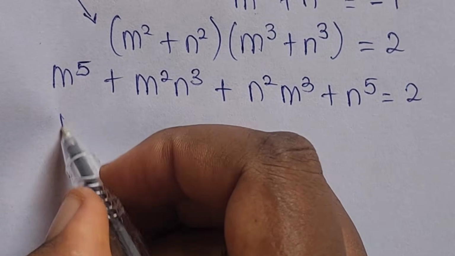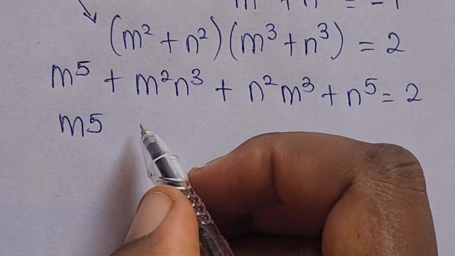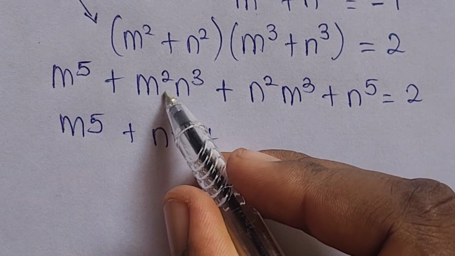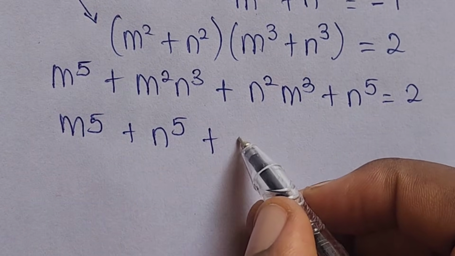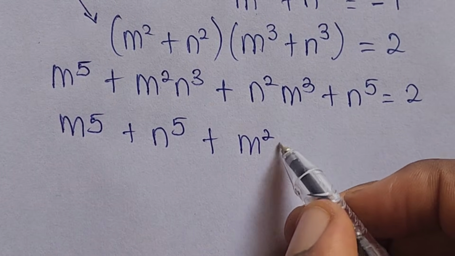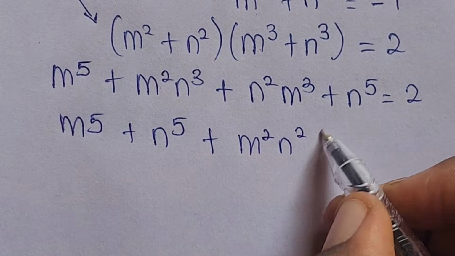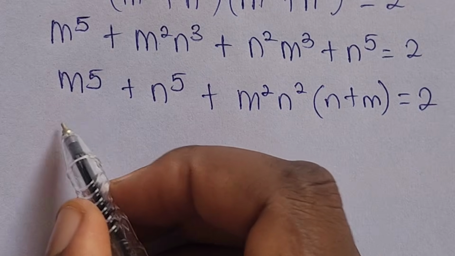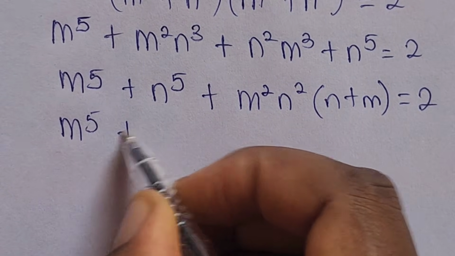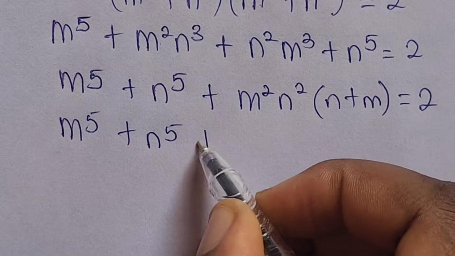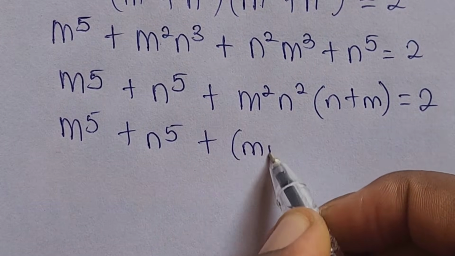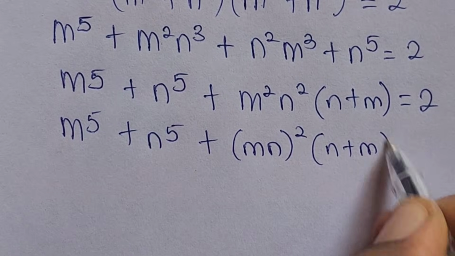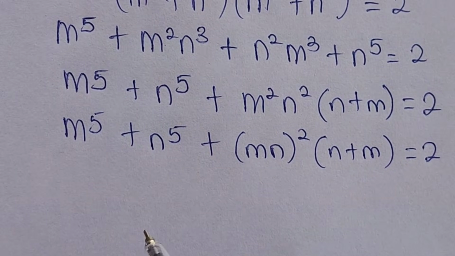When we regroup this, we have m to the power of 5 plus n to the power of 5 plus we'll factor out m squared from here, and n squared to have n plus m is equal to 2. So this will give us m to the power of 5 plus n to the power of 5 plus we have mn all squared, and we have n plus m, and this is equal to 2.